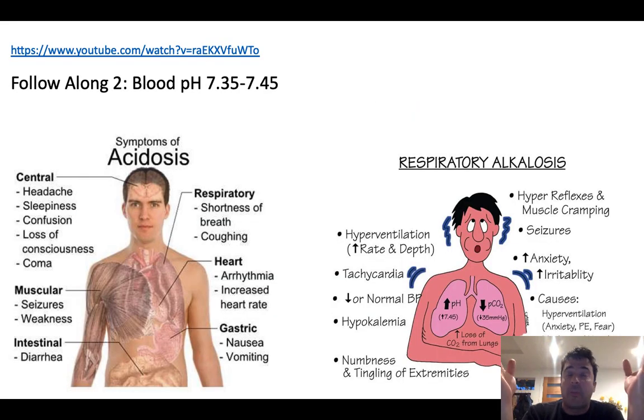Blood pH is anywhere between 7.35 and 7.45. That's blood pH values. When pH goes down, a solution becomes more acidic. So with respect to human biology, whenever the blood pH drops below 7.35, we refer to that as being a condition of acidosis.